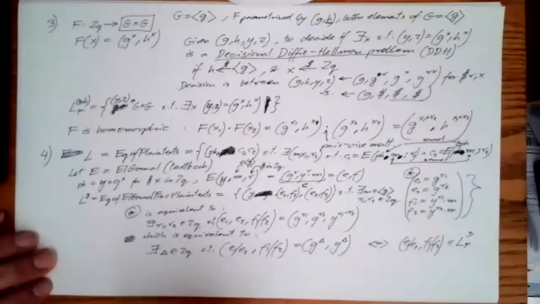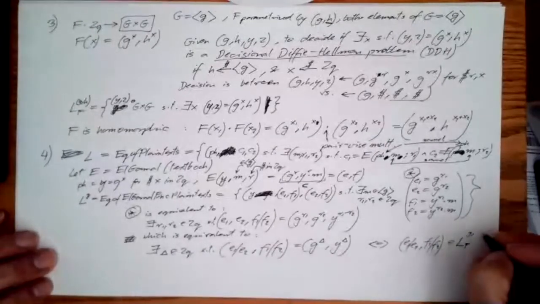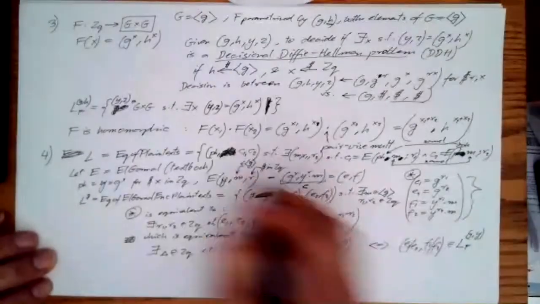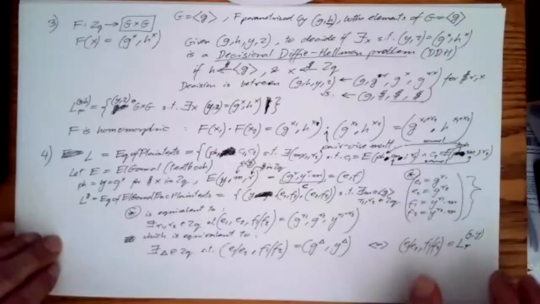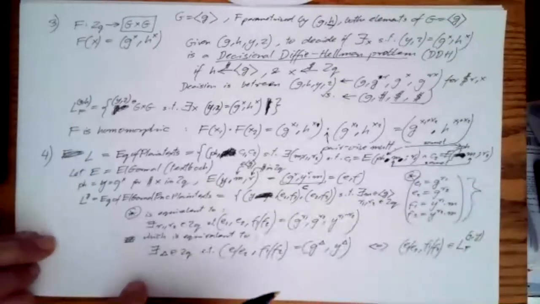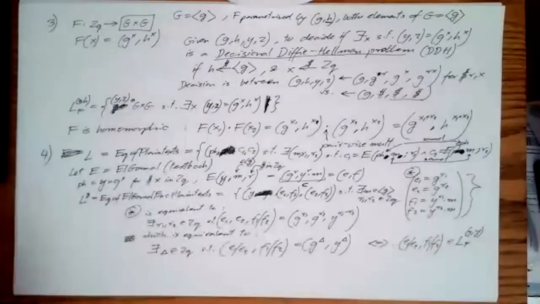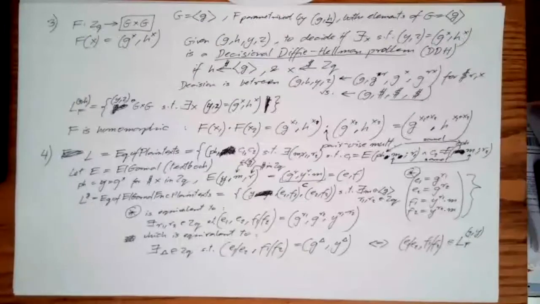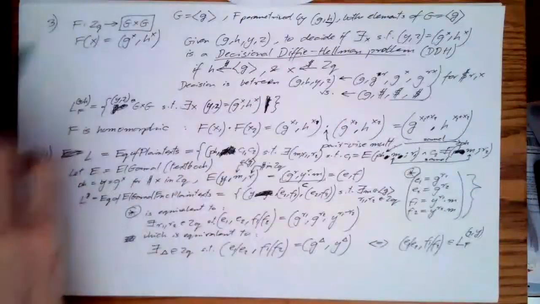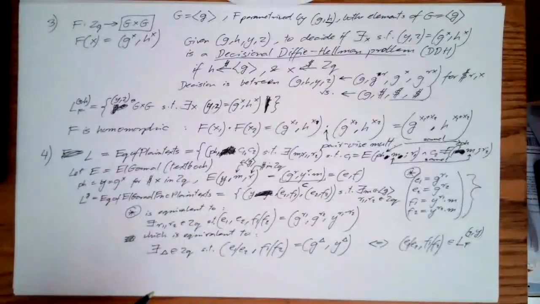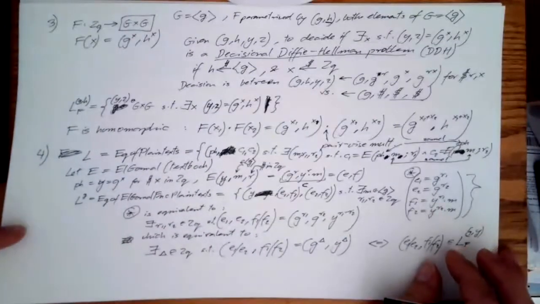Okay? So this is in the G in this language here. Okay, so let's see how to create a zero knowledge proof for a language defined by a homomorphic one-way function in this way.